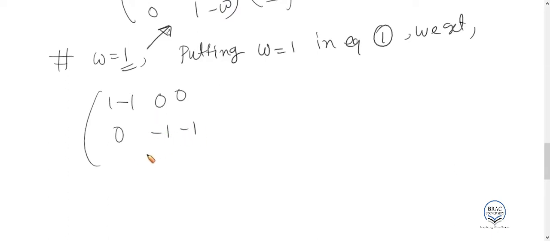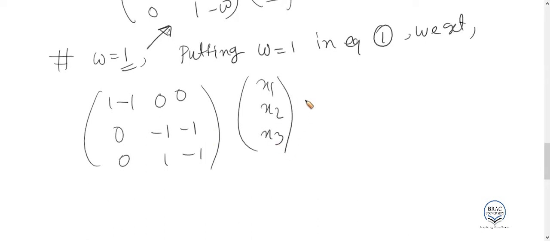There is another minus 1 over here. 0 1 minus 1, and you will have x1, x2, x3, which will be equal to 0 0 0.